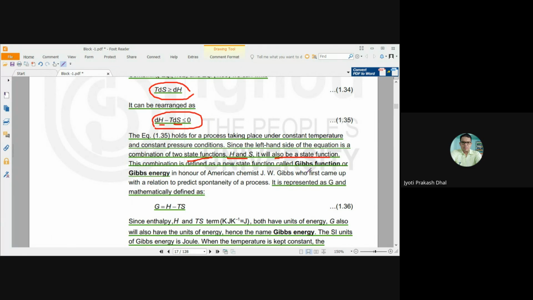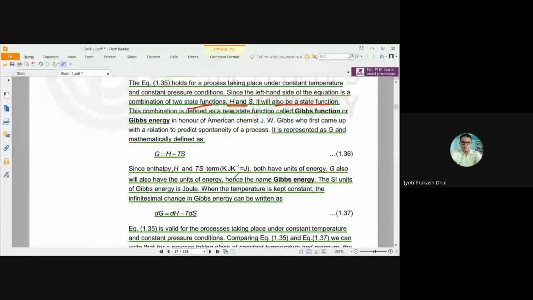This state function gives rise to a new function called the Gibbs function or Gibbs energy, in honor of the American chemist J.W. Gibbs. It is represented as G, and the mathematical definition is G equals H minus TS.